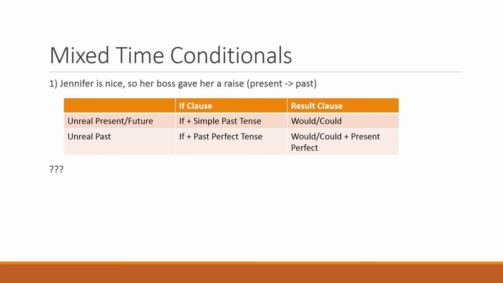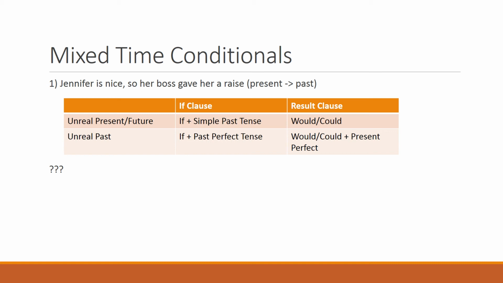Let's look at another example. Jennifer is nice, so her boss gave her a raise. Now that's the present, her overall personality affecting her past. So in the present, we know that the if is with the present tense, so we're going to use if plus simple past tense.